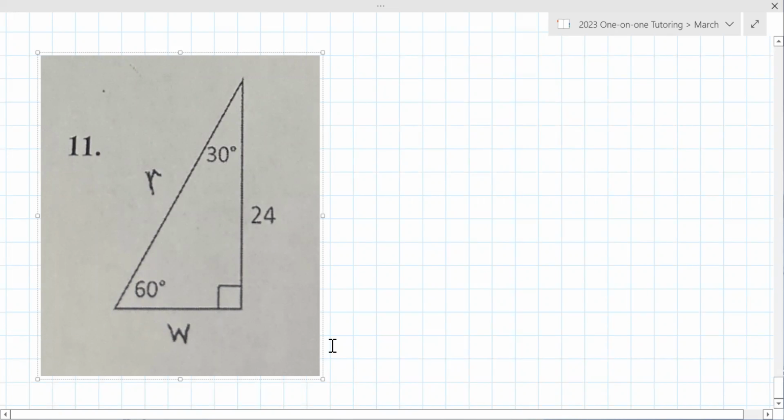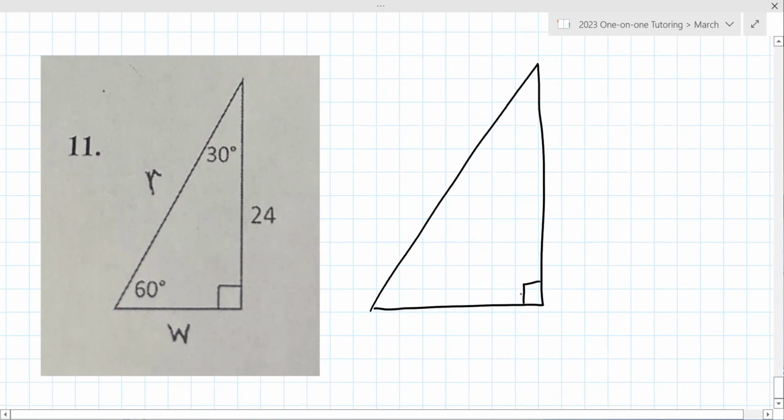So what is the 24 here? The correct answers are either the short leg, long leg, or the hypotenuse. Long leg, and the r is the hypotenuse. Yes, and you know that because it's across from the 60. The reference triangle here is the x root 3 side, x, and the 2x.